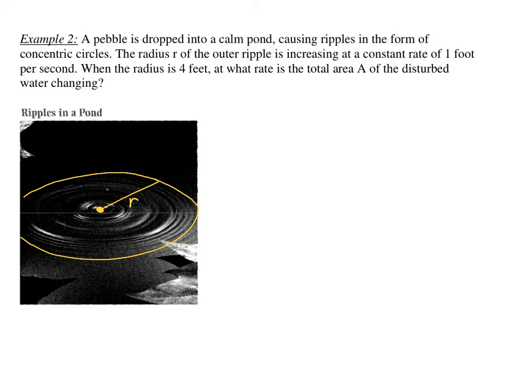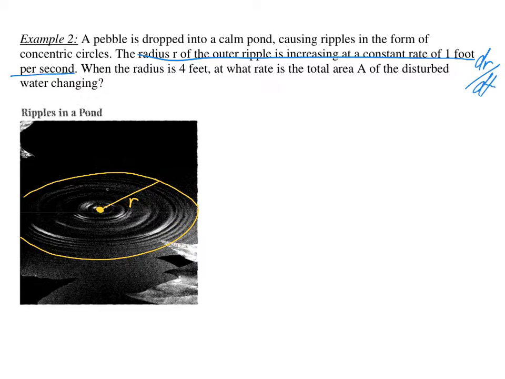It says that the radius r of the outer ripple is increasing at a constant rate of 1 foot per second. What is that in light of what we're doing? Yeah, that's going to be a dr/dt. The radius is changing at a constant rate of 1 foot per second. Okay, that's dr/dt.